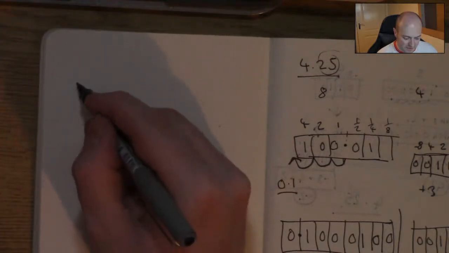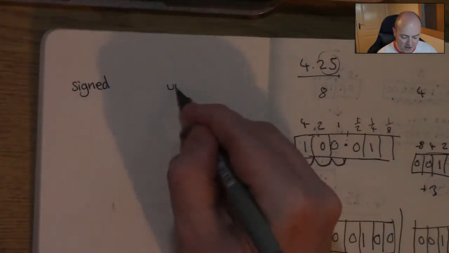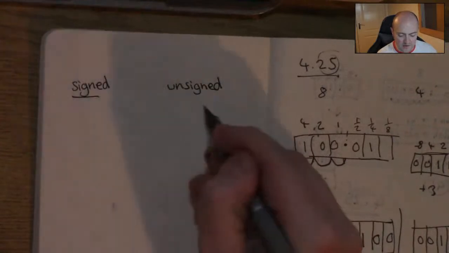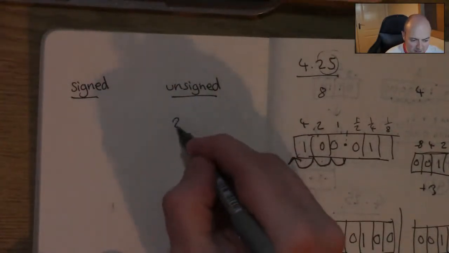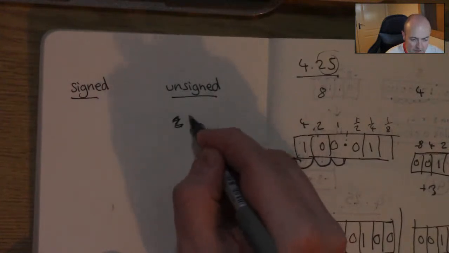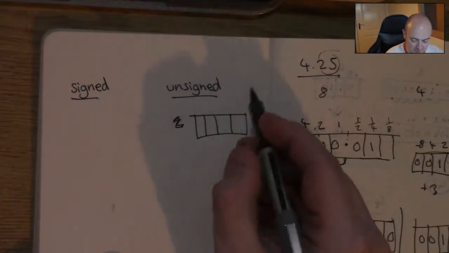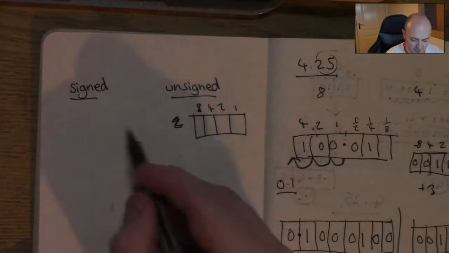If I have a signed or an unsigned way of representing data. Unsigned means it's just bog standard binary. So the exponent wouldn't be in 2's complement. It would be 1, 2, 4, 8 in a 4-bit exponent, right?